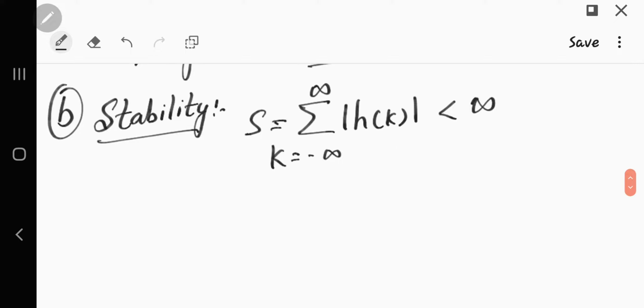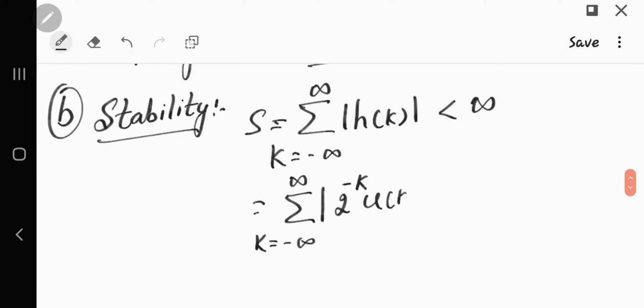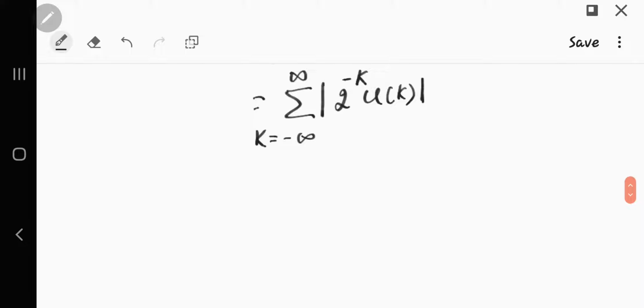So let's substitute the values for h of k here. So k is varying from minus infinity to plus infinity. Now h of n is equal to 2 to the power of minus n into u of n, that is given. So that becomes 2 to the power of minus k into u of k. Now apply the limit.